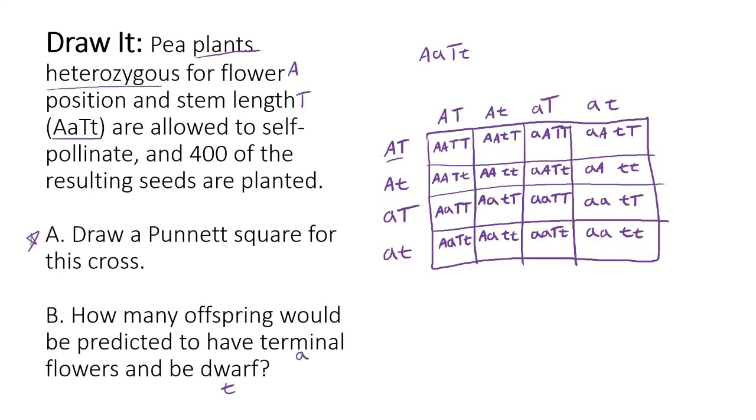So this question is actually asking how many of these offspring would you predict to have both recessive traits in their phenotype.